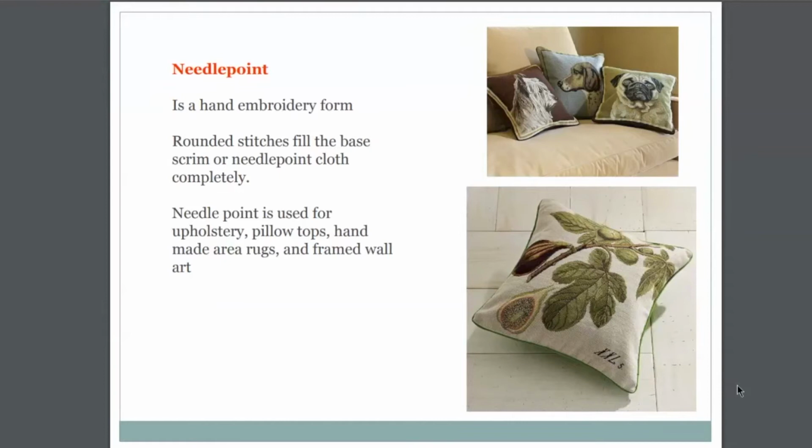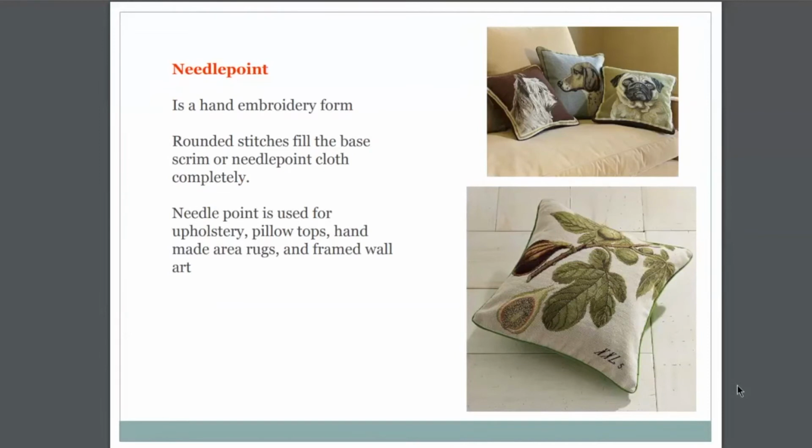These examples are of needlepoint pillows. They're available to you from Williams-Sonoma Home. They often carry needlepoint pillows. Needlepoint is an example of hand embroidery. It utilizes round stitches. And again, there's a base cloth underneath these round stitches.